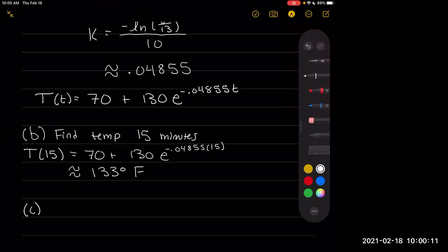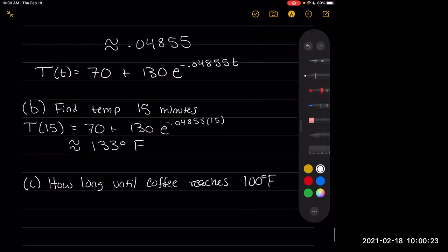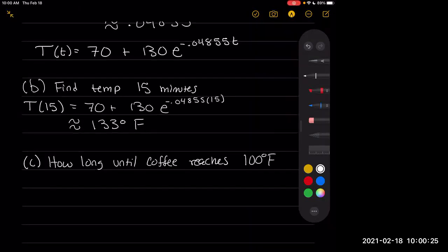So now looking at C, how long until coffee reaches 100 degrees Fahrenheit? So we're trying to find the time when this equals 100. So 70 plus 130 e to the negative 0.04855 t.